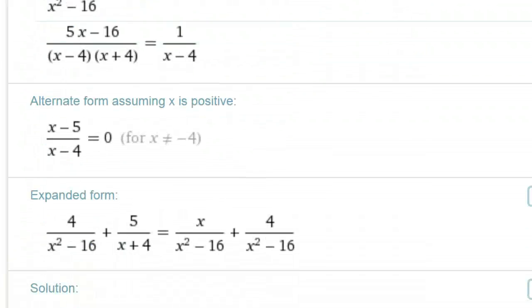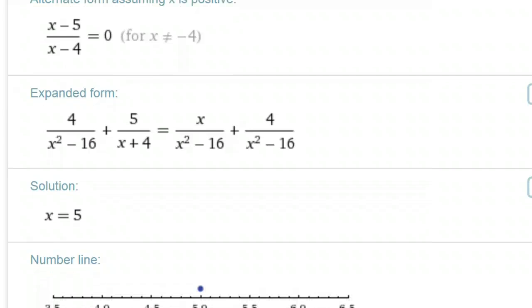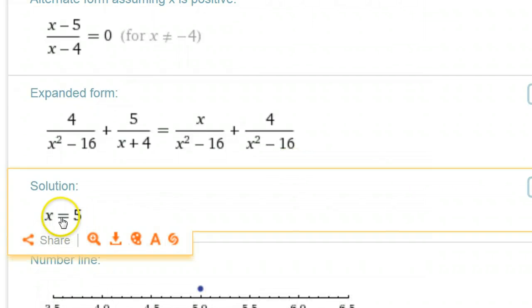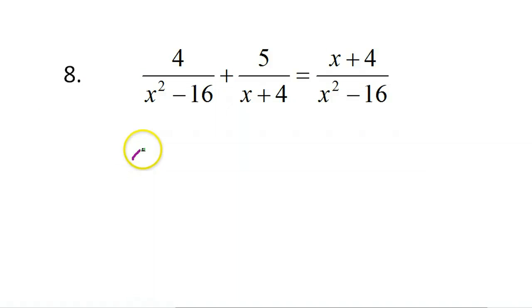Nevertheless, I will scroll down, and there's just the one intersection, x equals 5. Alright, so that is how you solve rational equations using WolframAlpha.com.